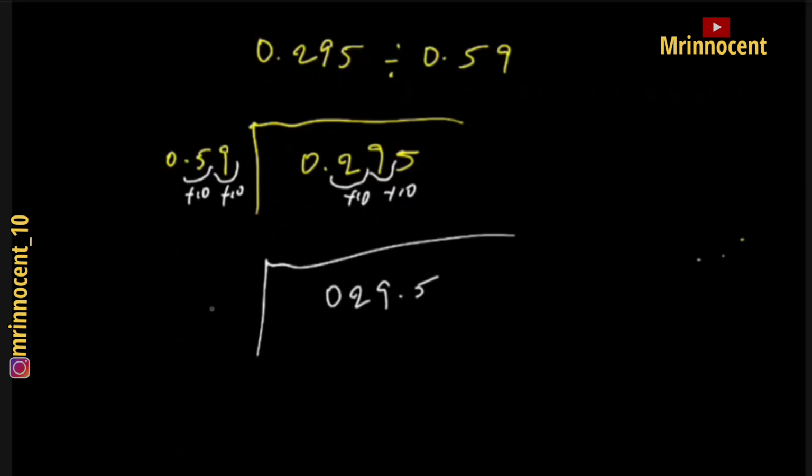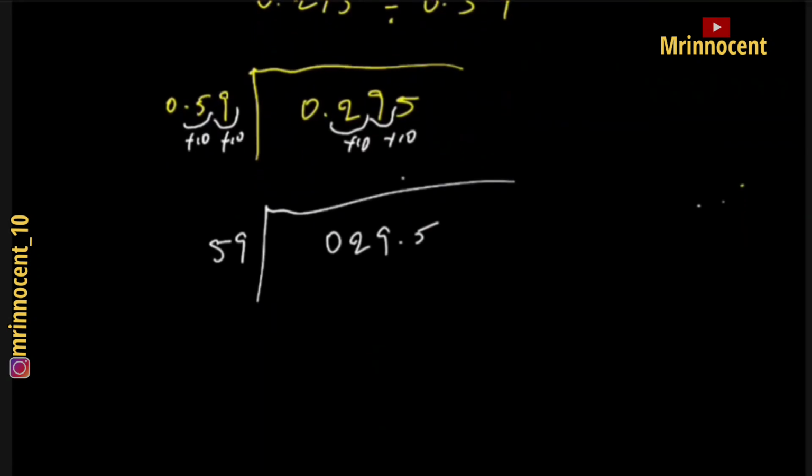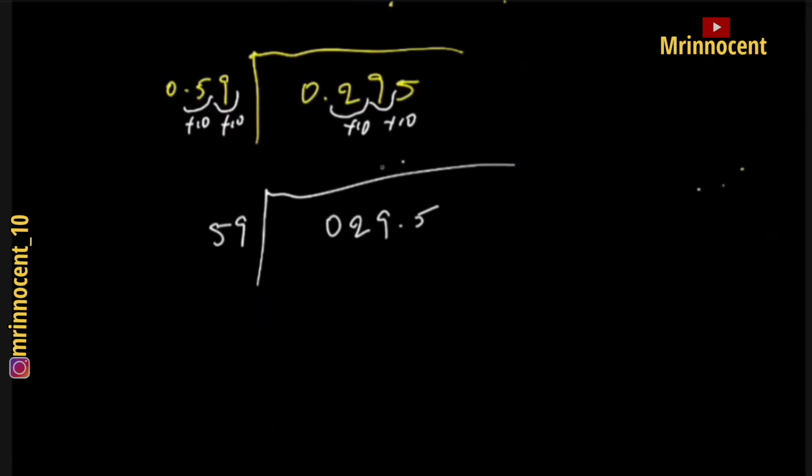So you have 029.5 divided by 59. Put your point. 59 divided by 29 is 0. 0 times 59 is 0. So you subtract.